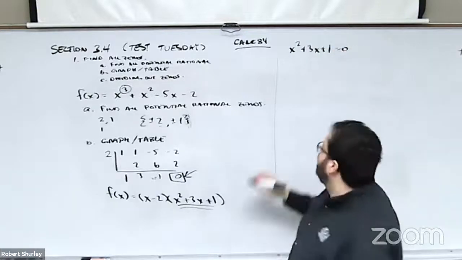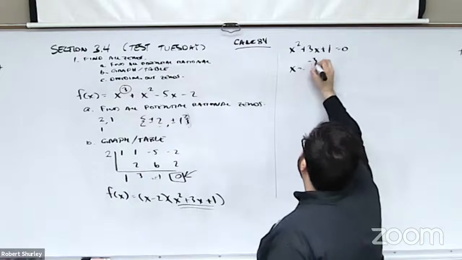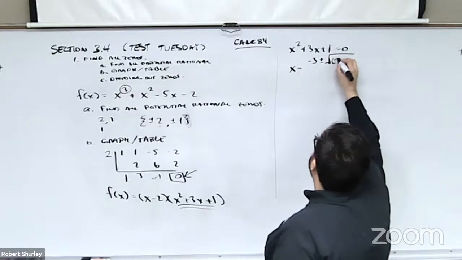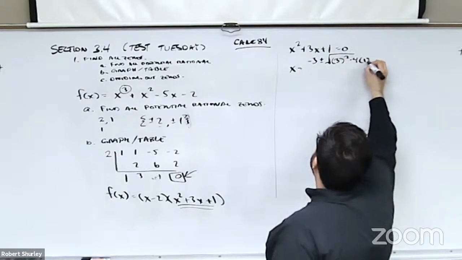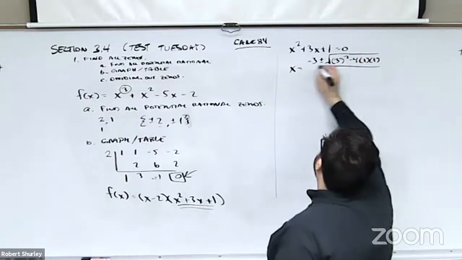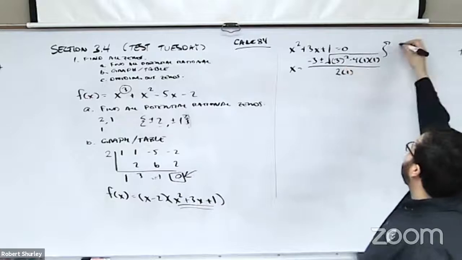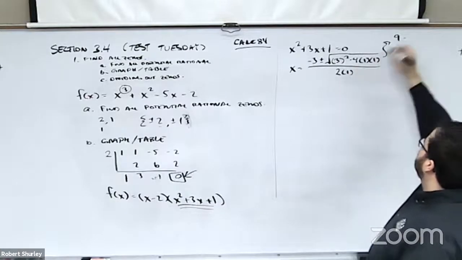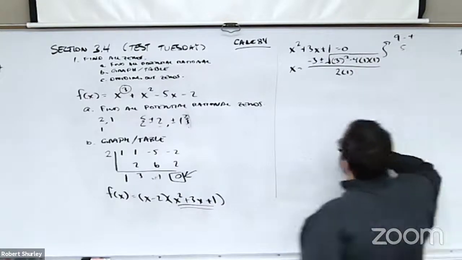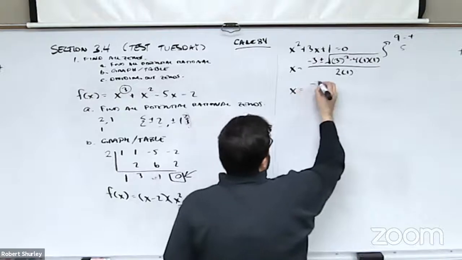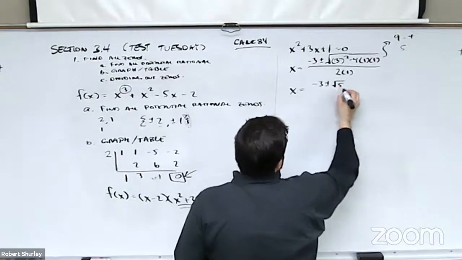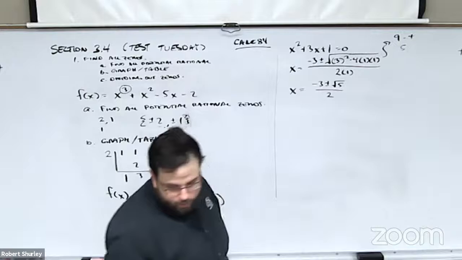I'm going to solve it out up here. So x equals -b plus or minus the square root of b squared minus 4 times a times c, all over 2 times a. And then up here I get 9 minus 4, so I get 5. So x equals -3 plus or minus the square root of 5, all over 2.